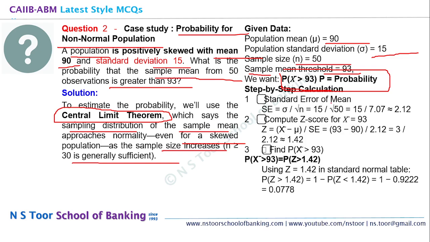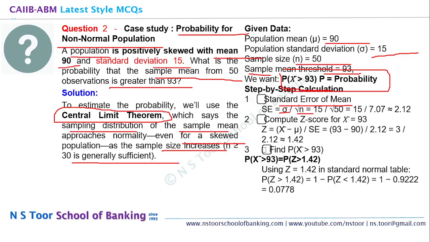Now for this, what do we first have to calculate? We have to calculate the standard error of mean. How will we calculate the standard error of mean? Standard error of mean is equal to population standard deviation divided by square root of n, that is the sample size. So we got both the numbers.